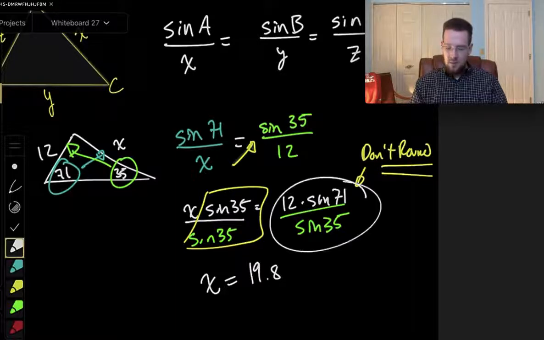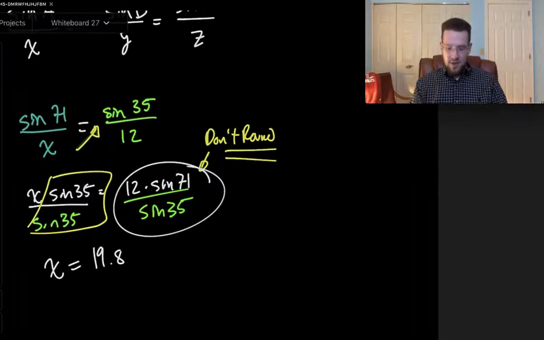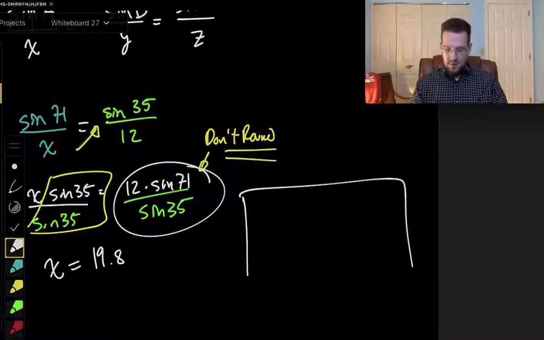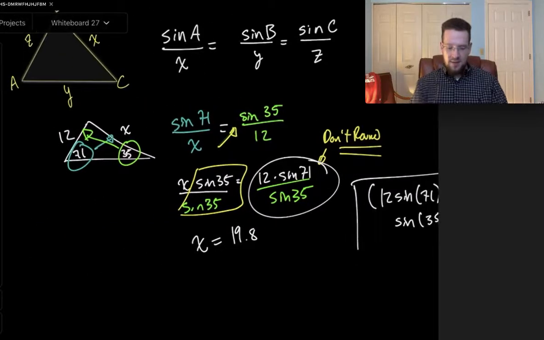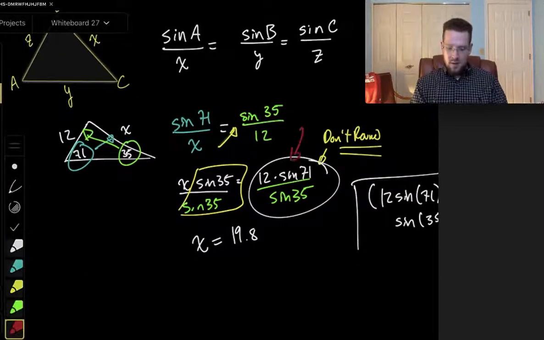Again, what you want to do here is the input into the calculator will look like 12 sine 71, double parens, divided by sine 35, close parens. So this is going to be very key, because if you are using decimals in these places, you might get some rounding errors.